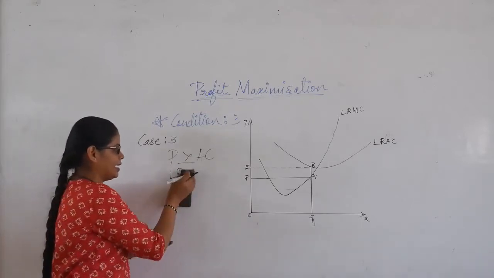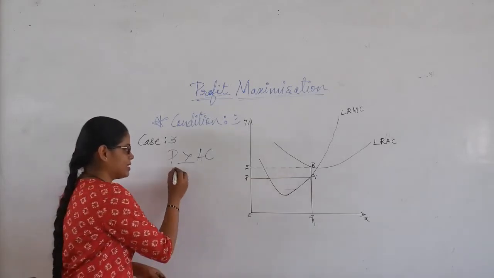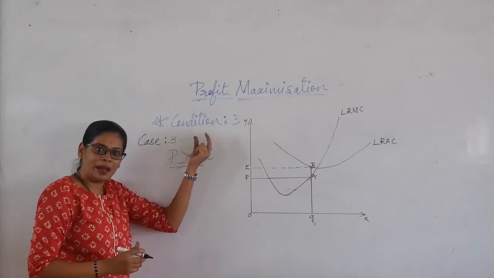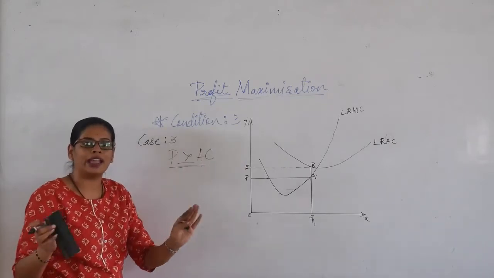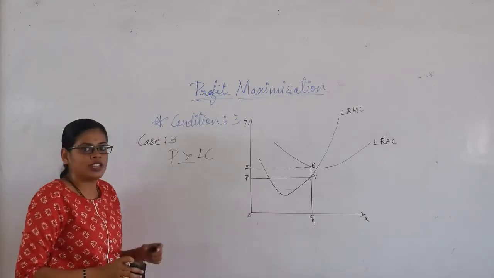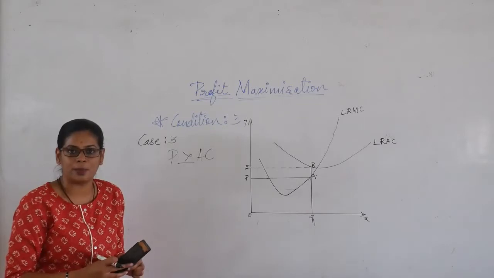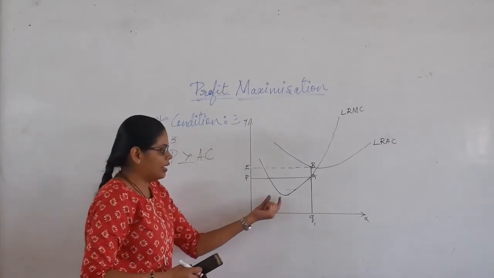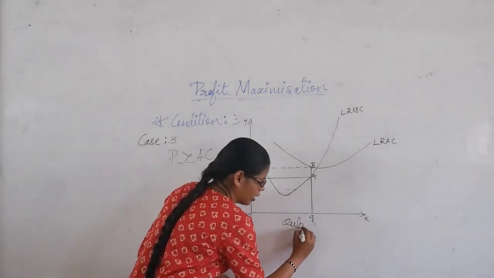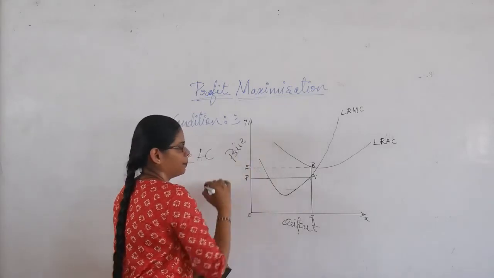To understand this case, first we need to understand this graph. So this is the condition. If this condition is satisfied by the firm, then it is going to make its profit maximum. Otherwise, if this condition is not holding true, then the firm is not making its profit maximum. On the x-axis we have the output, and on the y-axis we have the price.